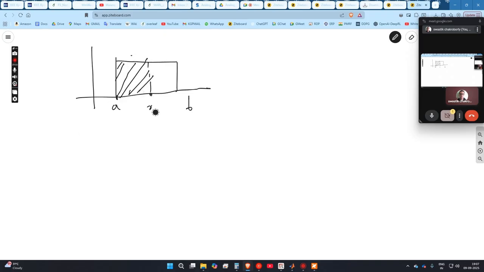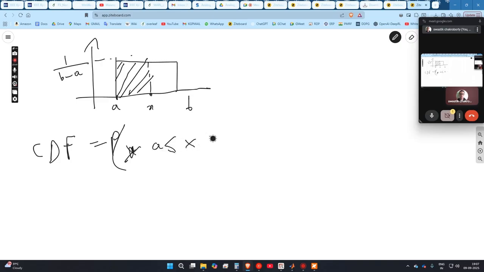Let's say this is x. This height is 1 by b minus a, as discussed earlier. So CDF is nothing but the probability that the random variable is between a and x.